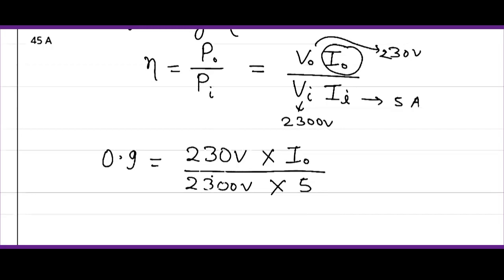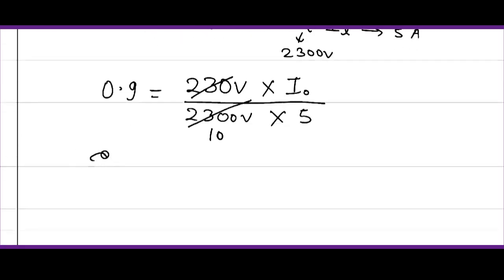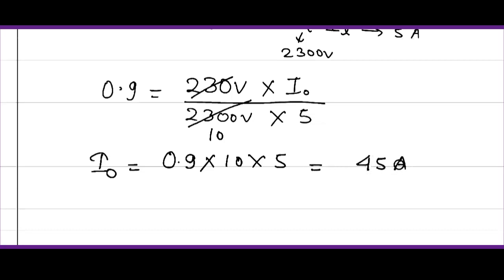Here we see that this cancels out and it will be 10. So we can write the current output equal to 0.9 into 10 into 5. If we solve this we will get 45 ampere.